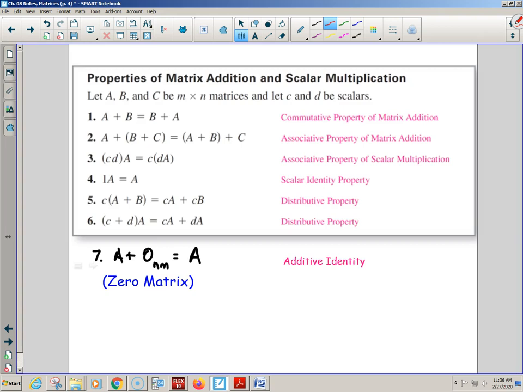What's not in this list? Commutative property of multiplication. Why? Because multiplication of one matrix times another is a whole lot harder, and it is not commutative. Addition, yes. Subtraction, well, as long as you add the opposite, yes. But multiplication is a big fat no. A times B does not equal B times A.